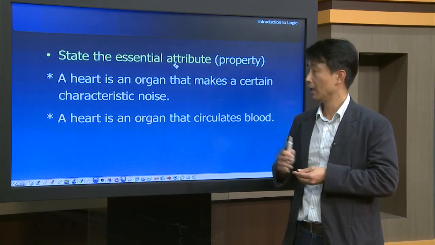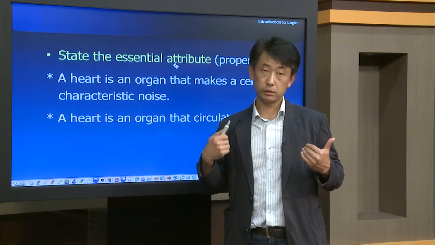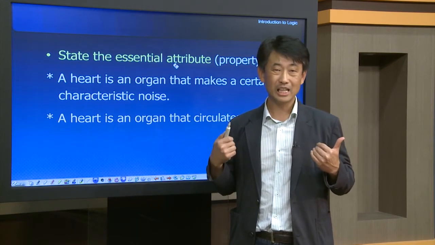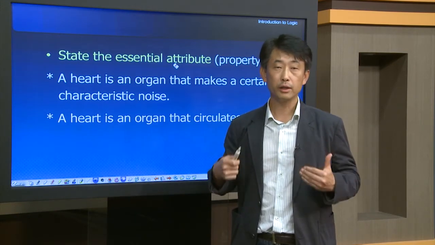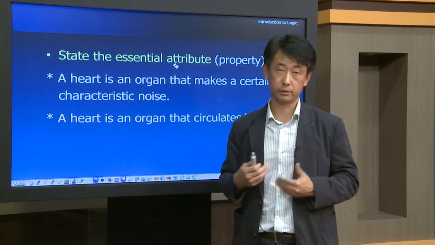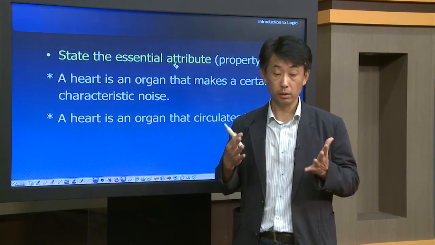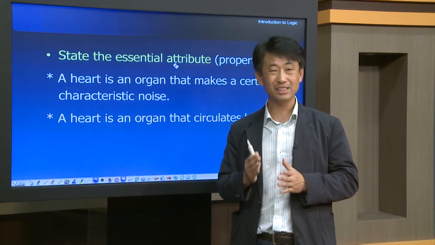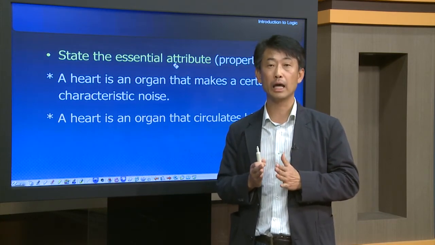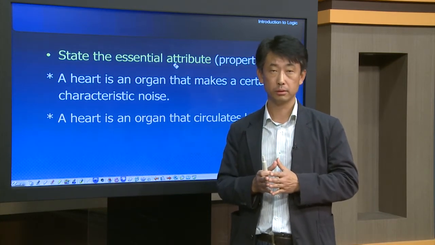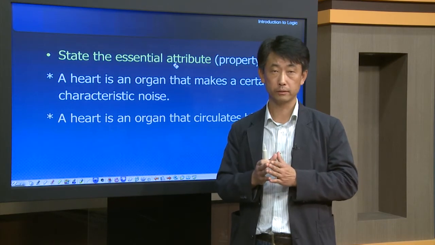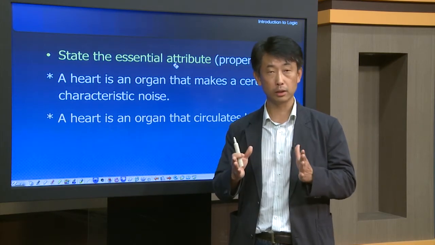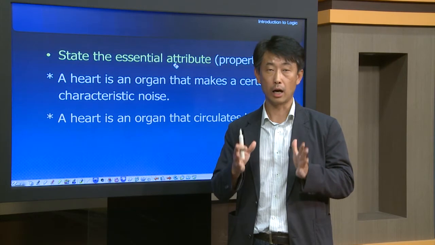Because making a certain characteristic noise is not what really makes a heart a heart. It is true that the heart makes such a characteristic noise, but that's not the essential property of the heart. What is the essential property of the heart?